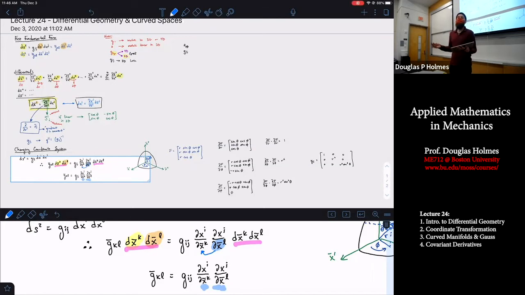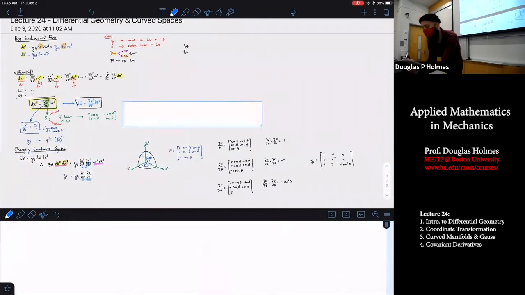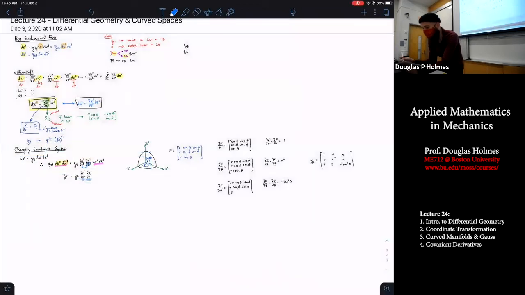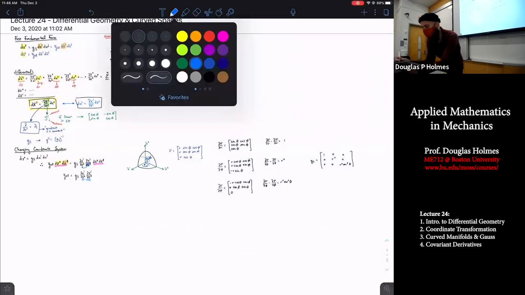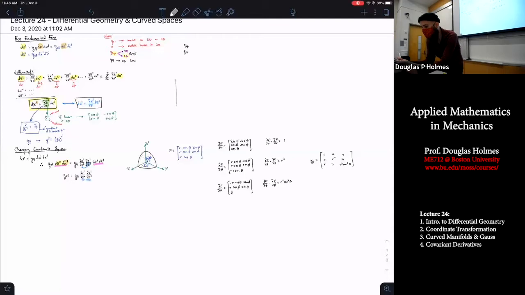Now, why does that help us? Well, it helps us because of some fundamental ideas from geometry.